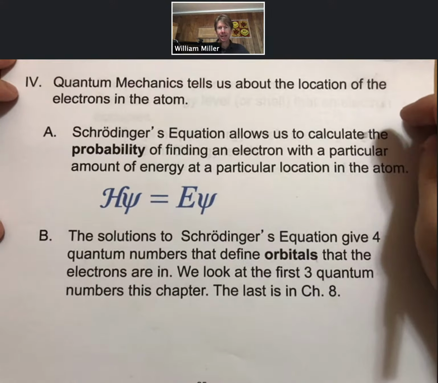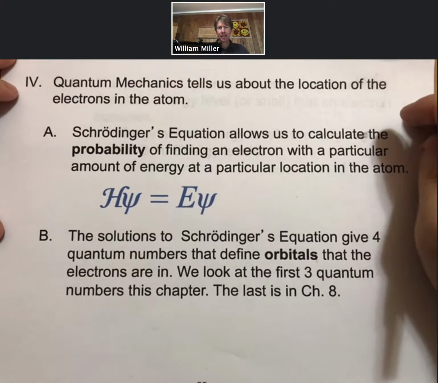And so m sub L goes from minus 0 to plus 0, which for us just means, it's not a math class, those are not different numbers. It just means that m sub L equals 0. One value equals one orbital. And so what we get in the first principal energy level is 1s, and that is the sublevel, and that is also one orbital.